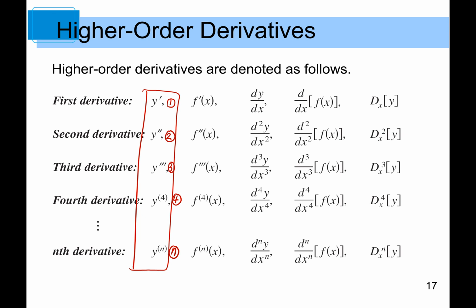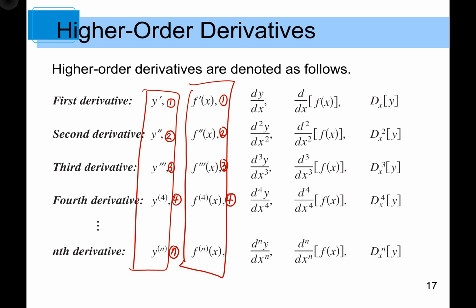This is just one way to write it. Another way would be this: f prime of x, first derivative, f double prime of x, second derivative, f triple prime of x, third derivative, f fourth prime of x, fourth derivative, f n prime of x, which is the nth derivative. And that's the second way of writing that.